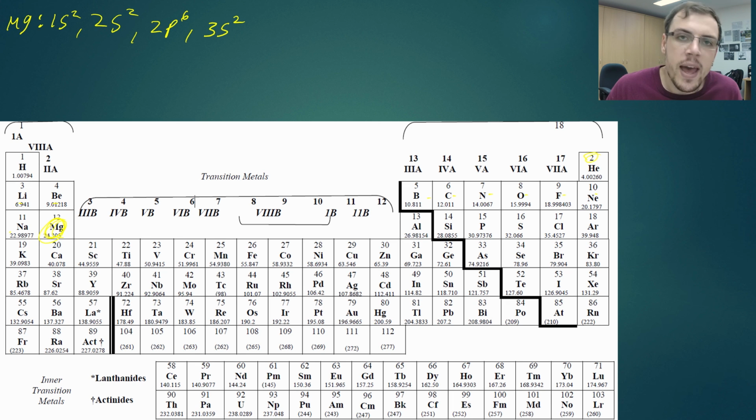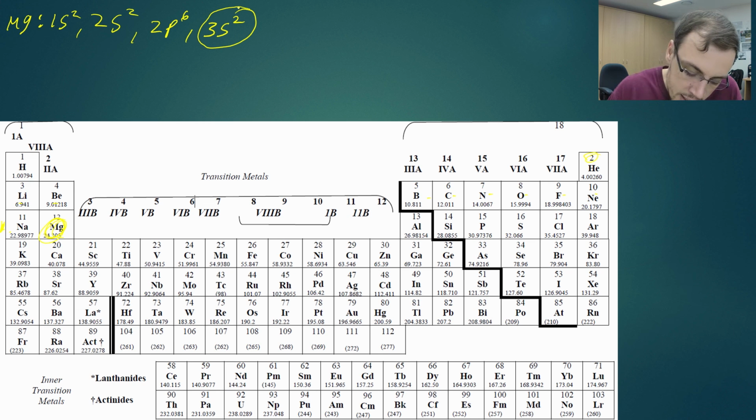So we have our electron configuration for magnesium. Now, how many valence electrons does it have? We look at our outermost layer, which is level 3, and we know that we have 2 electrons. So that is our valence electrons. Magnesium has 2 valence electrons in its outermost shell.